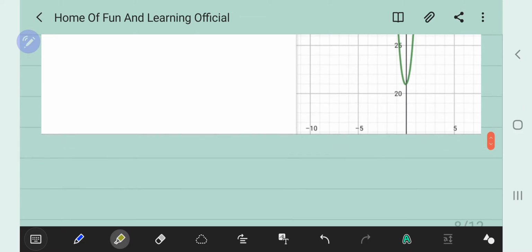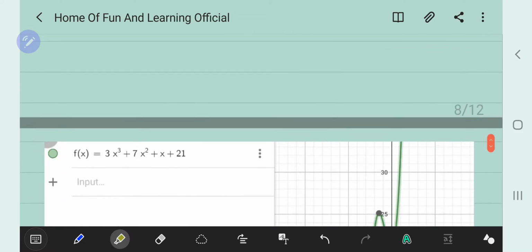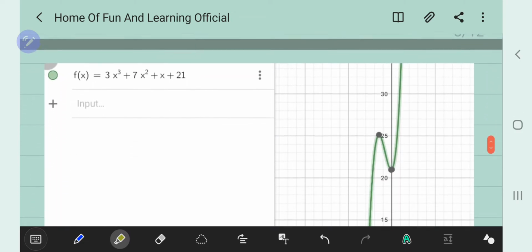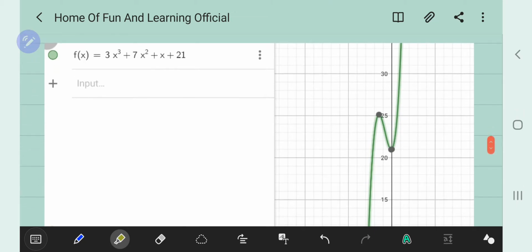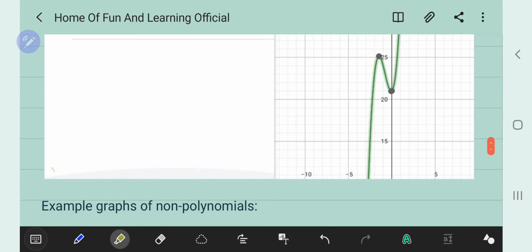Okay, now the second graph of a polynomial, it's this cubic: 3x cubed plus 7x squared plus x plus 21. That's also pretty straightforward. It follows all the above mentioned rules, and the graph is also a continuous graph. Okay, now here comes the interesting part.